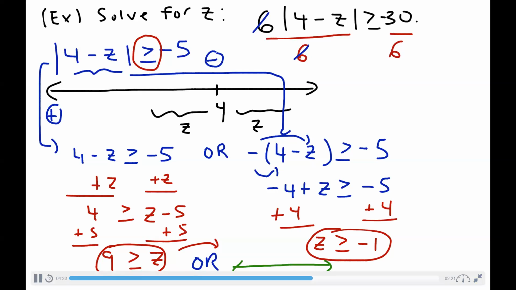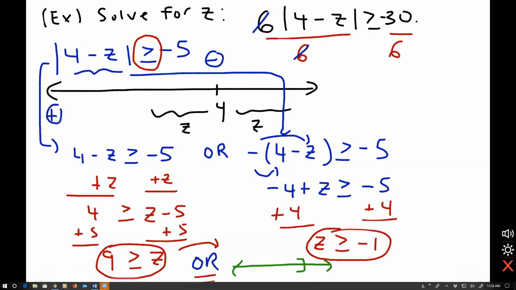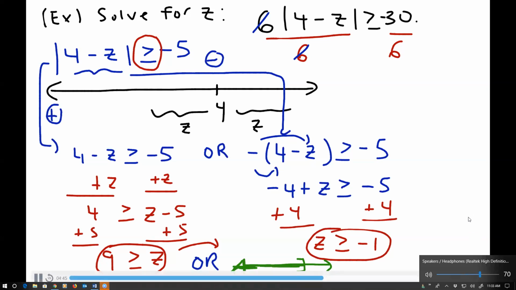Z is less than or equal to 9. So here's 9, and z would have to be this way. The second one says that z has to be greater than or equal to negative 1. There's my negative 1, and so I go to the right forever.